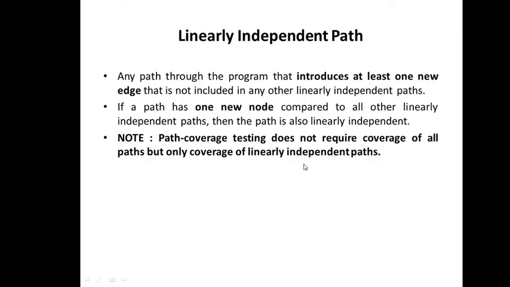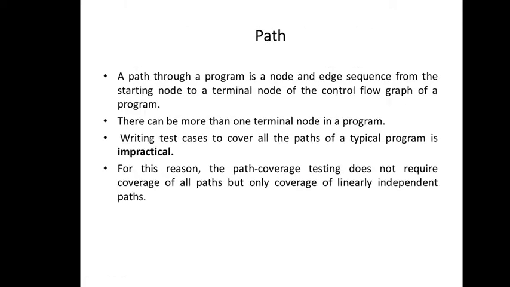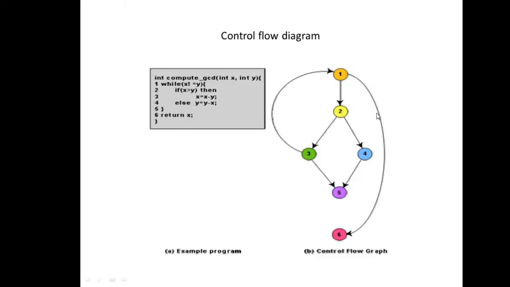Okay, fine. So how many linear independent paths will be there in this example? Anyone? Try. So I'll tell. This is one distinct path, 1 to 6. Another distinct path is this, 1, 2, 3, 5, 1 and 6.